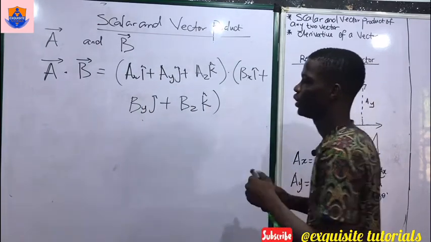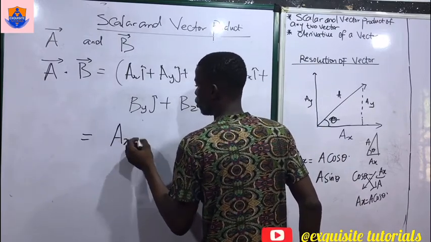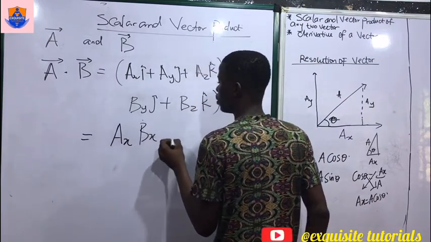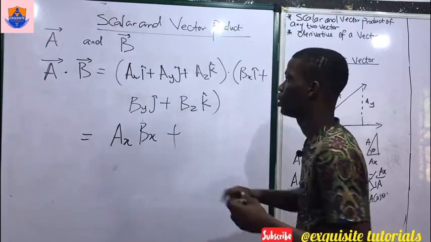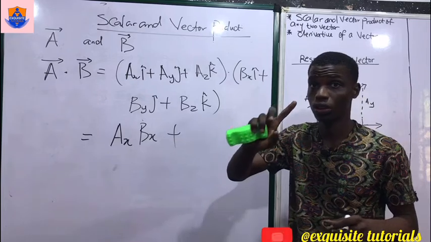So using that rule I just gave you, my A of x, B of x, plus, you are dot producting; scalar product is also known as dot product.